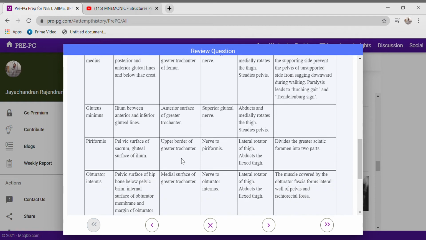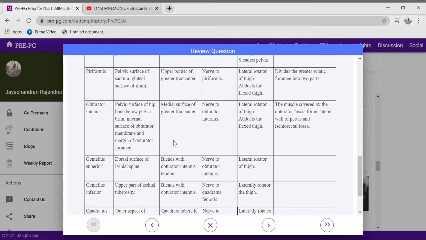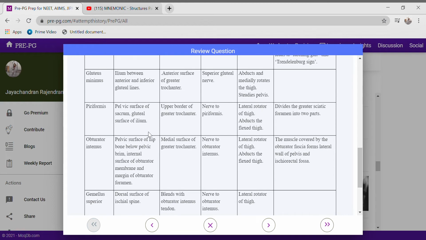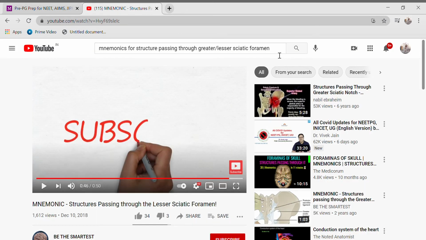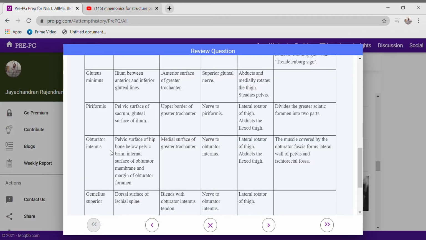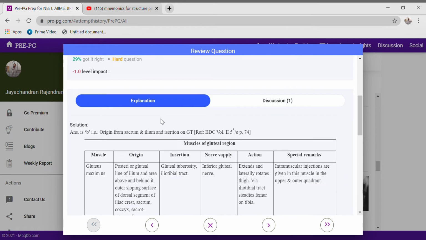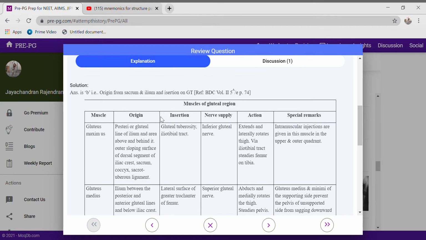Then we have the piriformis. Piriformis arises from the pelvic surface of the sacrum and the gluteal surface of the ilium. They get inserted into the upper border of the greater trochanter.